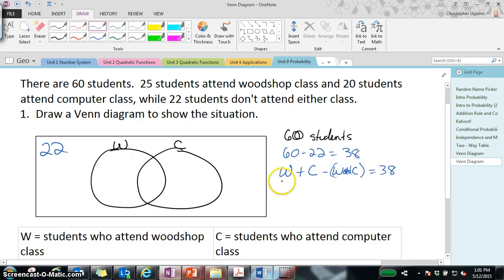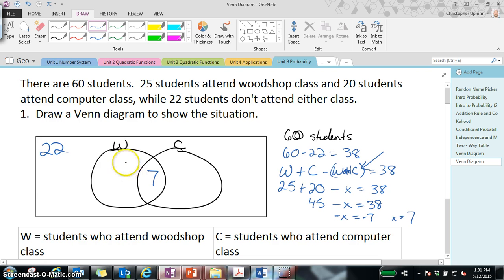Well, there's 25 woodshop, 20 computer class, 45 minus x equals 38. So we subtract 45 from both sides, and we get x equals 7, and that's where they overlap. So 7 is the overlap.